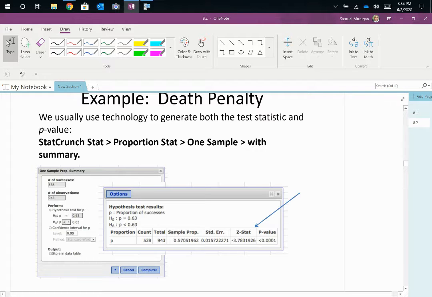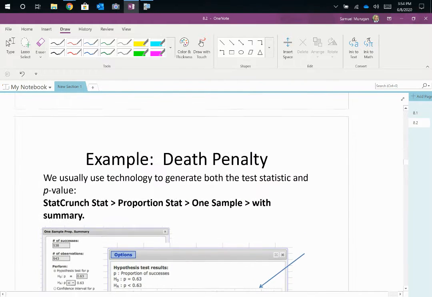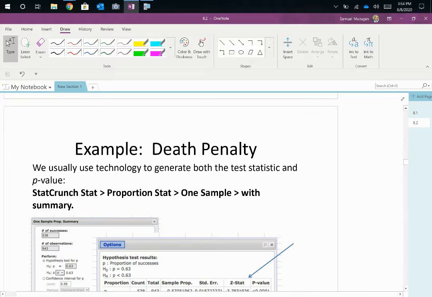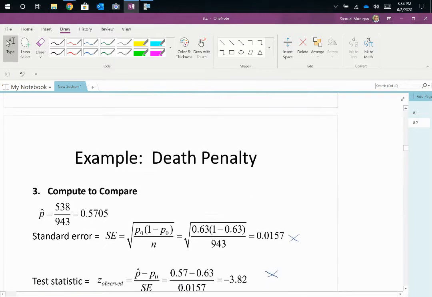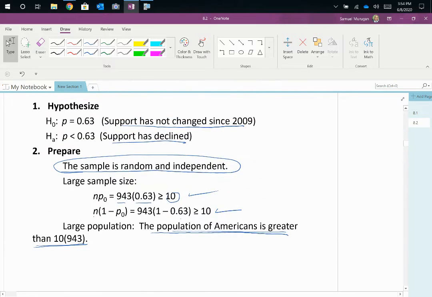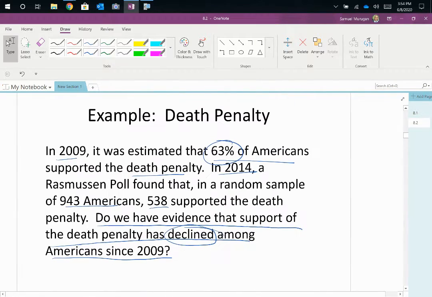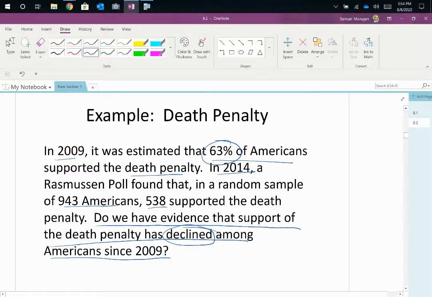Let me go ahead and show you how to do this with StatCrunch, okay? So we're told here that 538 out of 943 Americans supported the death penalty, and we're given 63%.